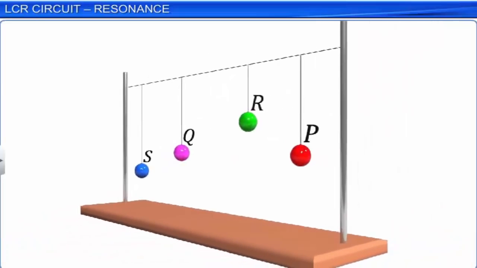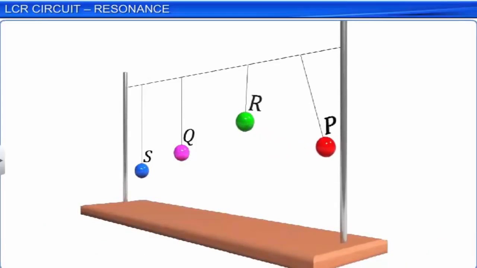When the pendulum P is made to oscillate, after a certain period of time, all the other three pendulums oscillate as well.